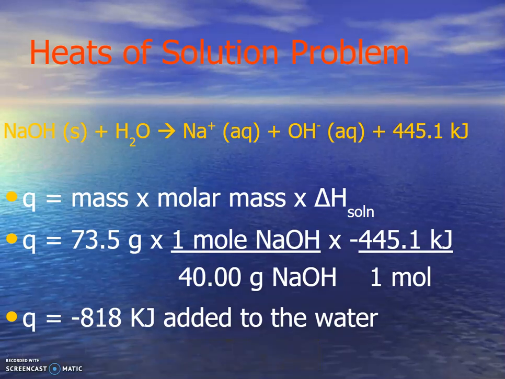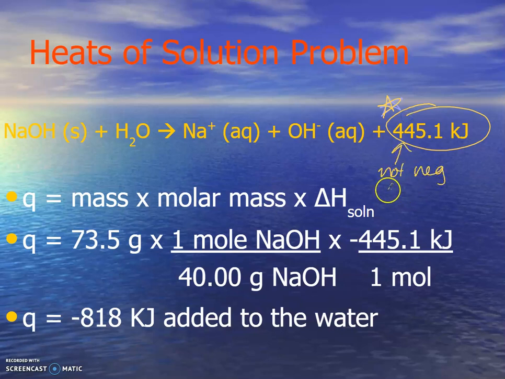Okay, so here we have everything all broken up for us. Notice again, very importantly right here, it is not a negative sign when we are talking about our products. Okay, so this is not negative. Okay, the negative sign only tells you what side it goes on.